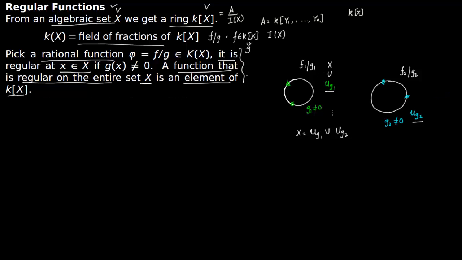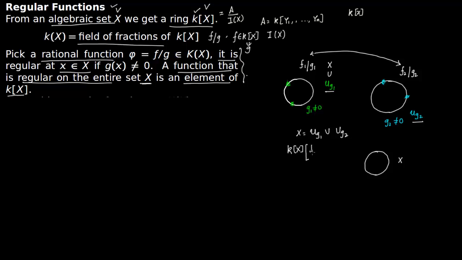So what we want to do is glue these two functions together to get a function globally, that is a function on the entire algebraic set X. If you have this entire algebraic set X, then it is closed, and this function has to come from K of X, because corresponding to this algebraic set X you have this ring K of X. Obviously corresponding to u of g1, this ring becomes bigger.